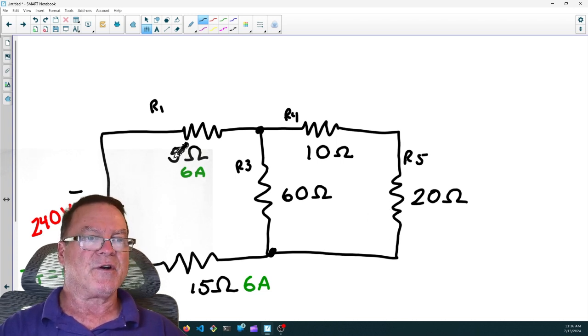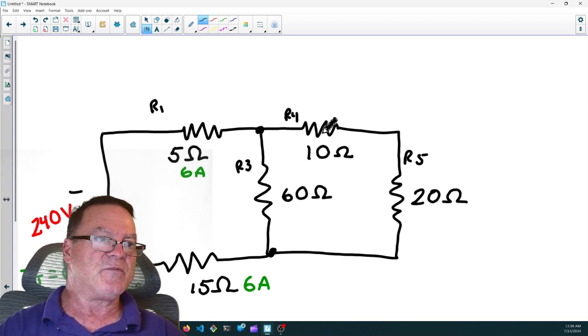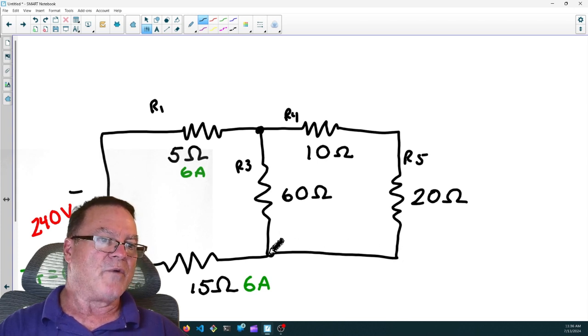So looking at this circuit, it's a combination series parallel circuit. And we can see that R4 and R5 are in series with each other. When we trace them with our pencil, we don't stop until we go through both R4 and R5. Right here is a node, and right here is a node, so R3 is in parallel with R4, 5.